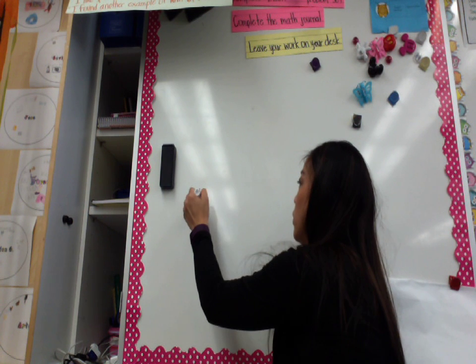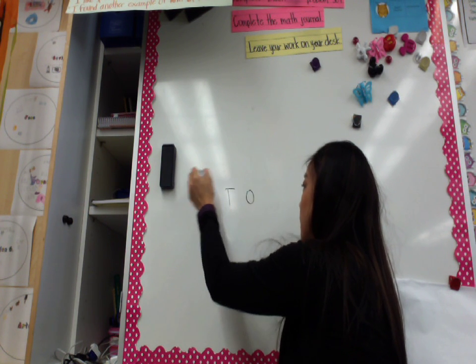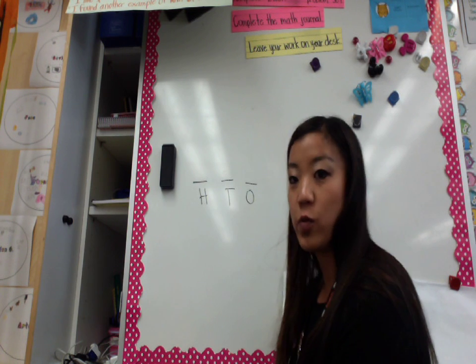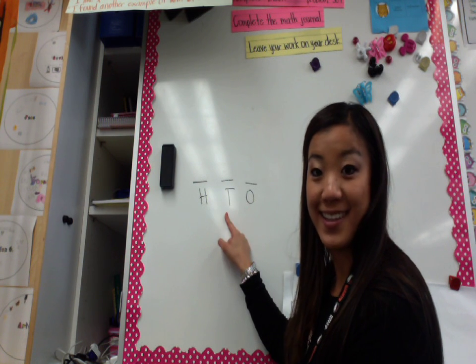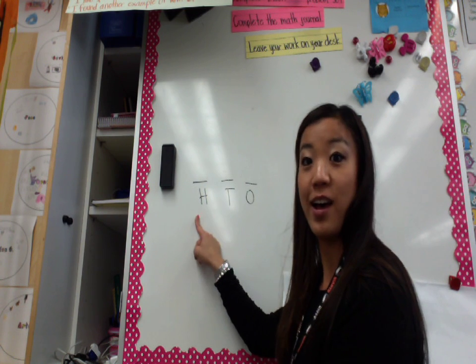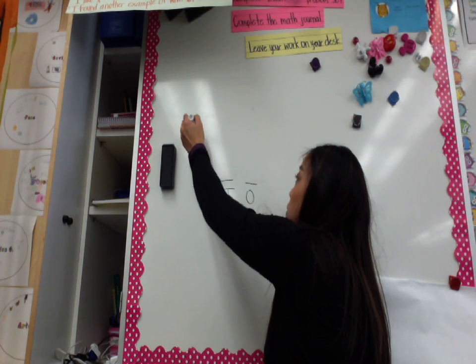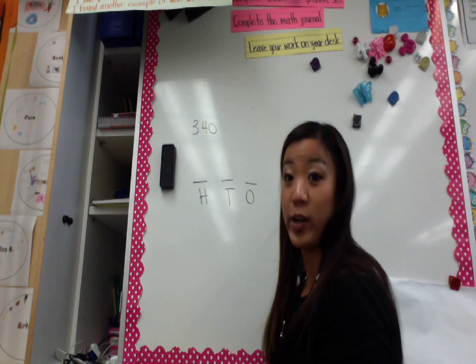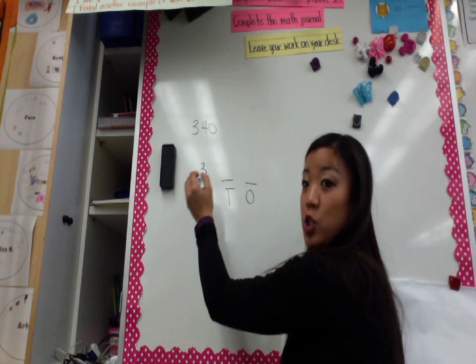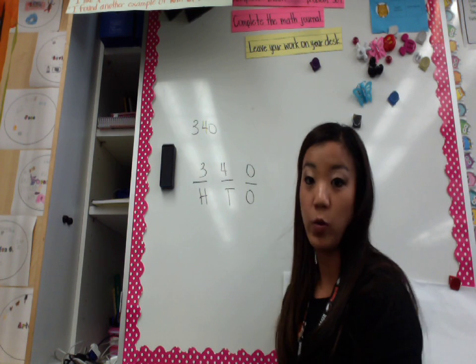Okay, so remember, you have hundreds, tens, and ones, right? So remember, it's ones, tens, hundreds. So if I have the number 340, I have 3 in the hundreds place, 4 in the tens place, 0 in the ones place.